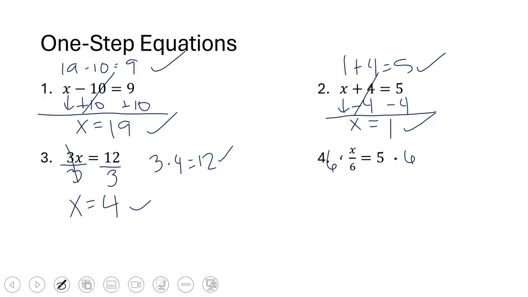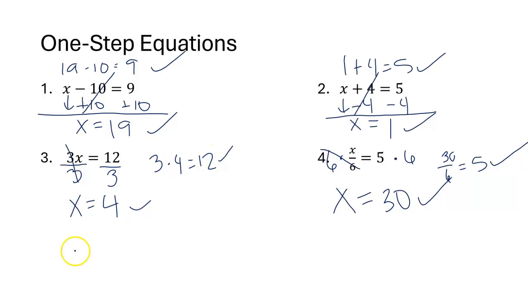So that's why we use the dot. Over here on the left, that multiply and divide, they're opposites. They cancel out, so cross them out. Bring down your equal. Bring down your X. Bring down your equal. And 5 times 6 is 30. So let's check it. 30 divided by 6 equals 5. That is right. So that's our one step.